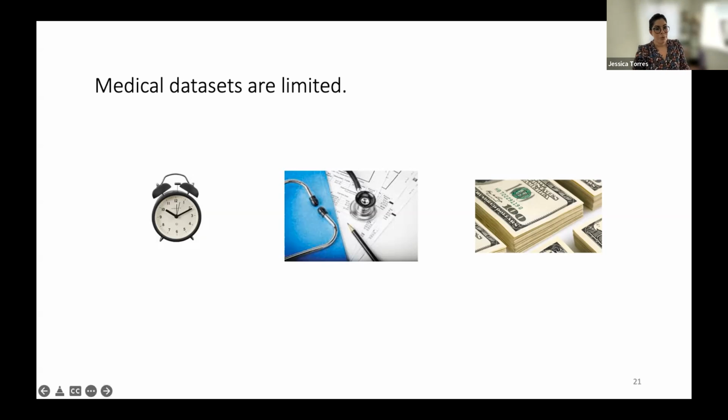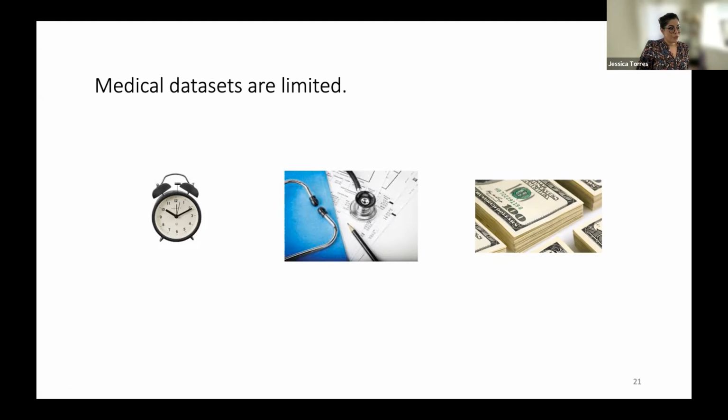And this is mostly because it takes a lot of time to be able to consent patients, find correct patients. We have to pay attention to patient privacy, and also these types of studies tend to be very expensive, not only monetarily, but time-wise. So there was really a limitation on what publicly was available for me to use.